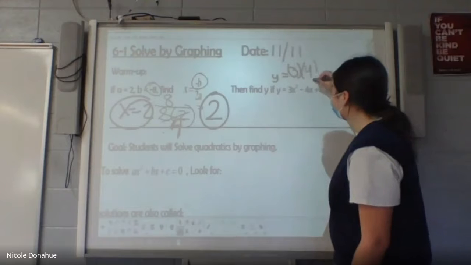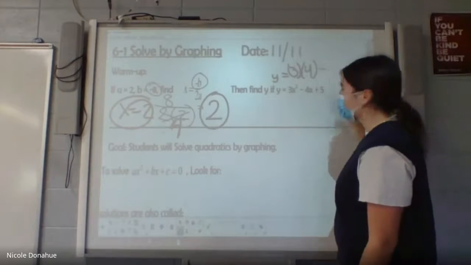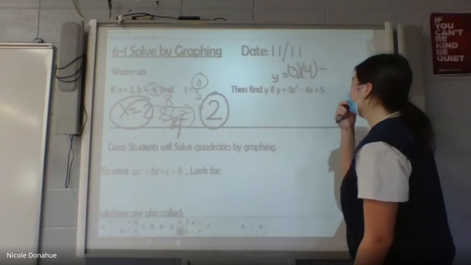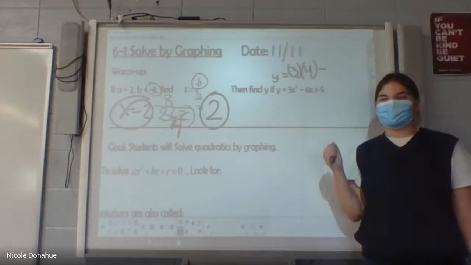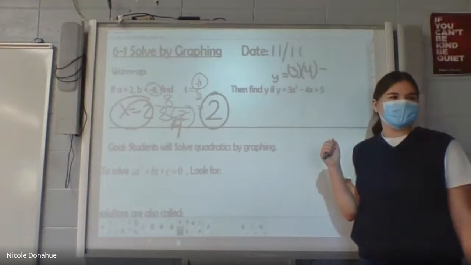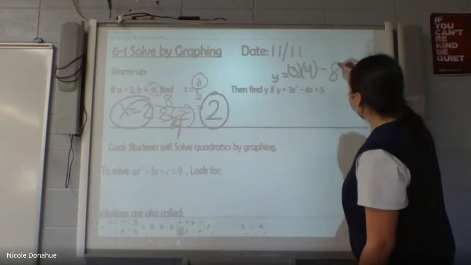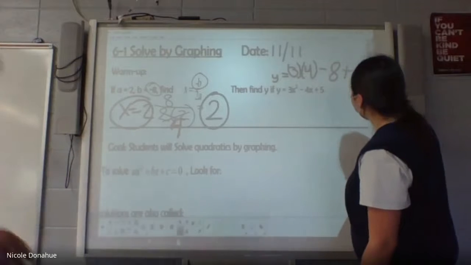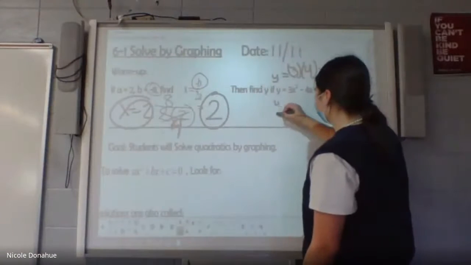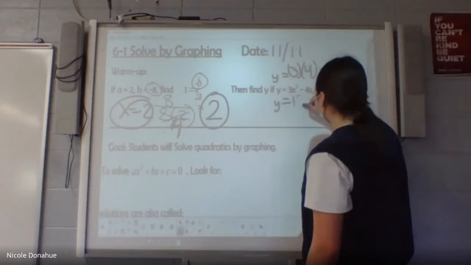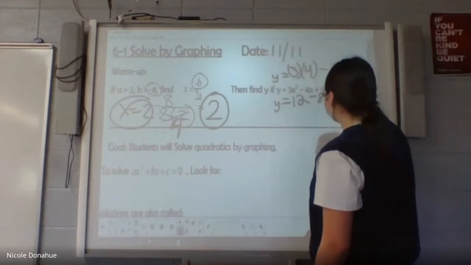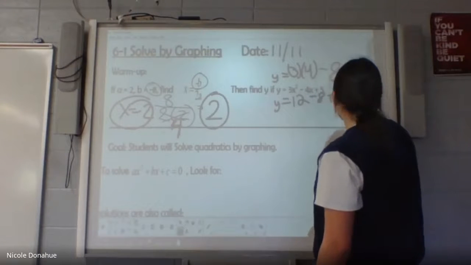So 3 times 4 minus. What is 4 times 2? 8. Plus 5. And 3 times 4 is 12. So y equals 12 minus 8 plus 5.